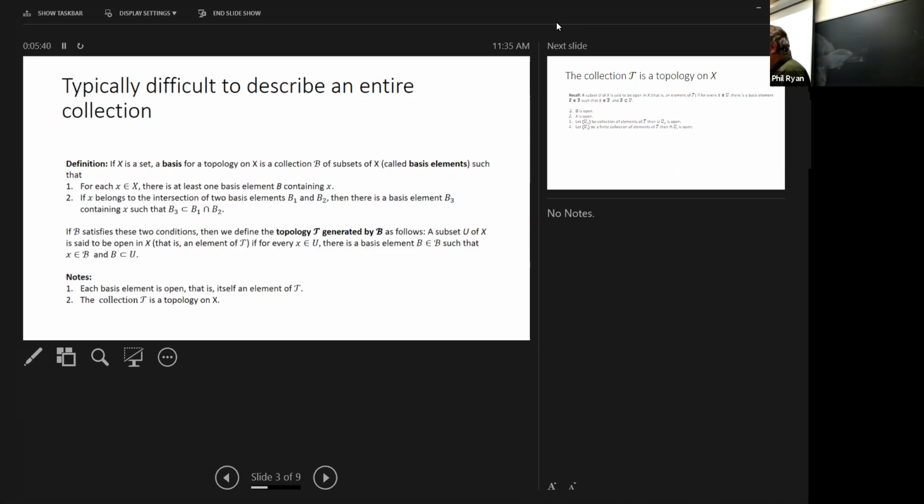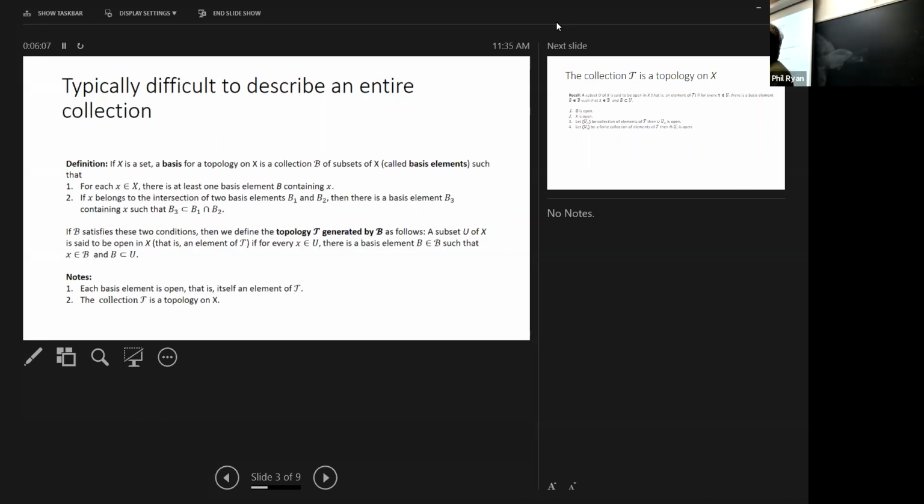So we've got a topology, and usually it's difficult to describe an entire collection. It's a good thing in math, when we're doing some sort of structure, to have a generating set, something that generates it.